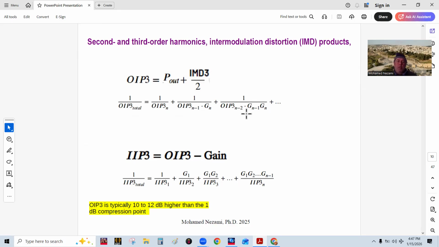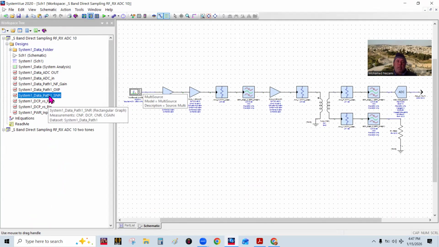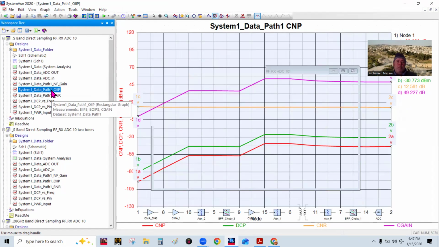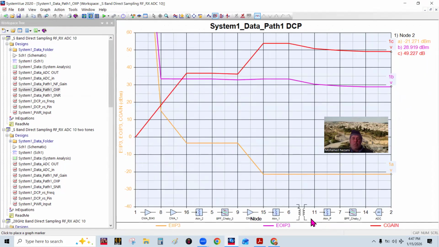And that's basically, we're going to go to the system view, and that system view will do these things for us automatically. So as you can see in this case and this in here, you can look at the chain.